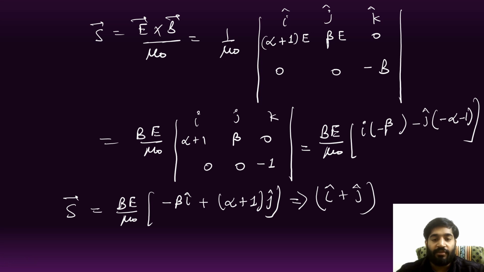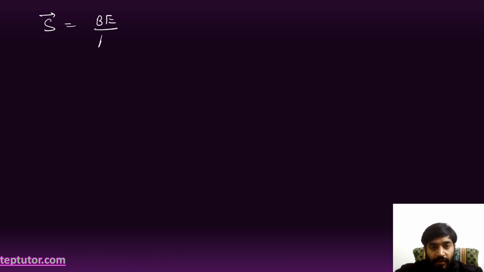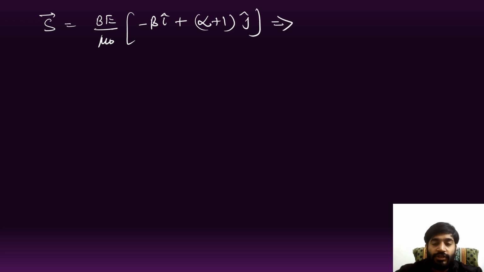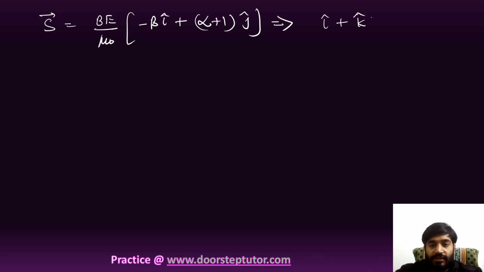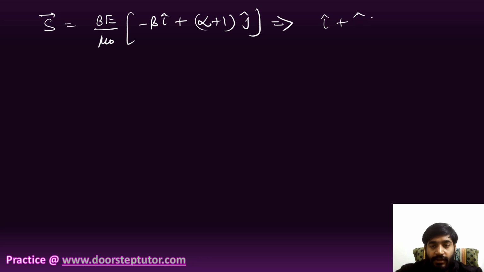In the same way, you can compare the J cap. Finally, we got the value of the Poynting vector in terms of B E by mu naught times minus beta I plus alpha plus 1 J cap. But according to the problem, the Poynting vector is along I cap plus J cap, isn't it? So from this we can compare the I cap and J cap coefficients.